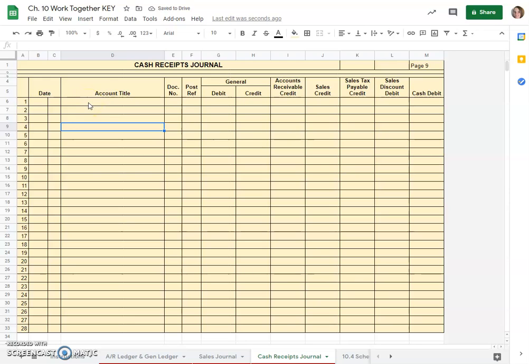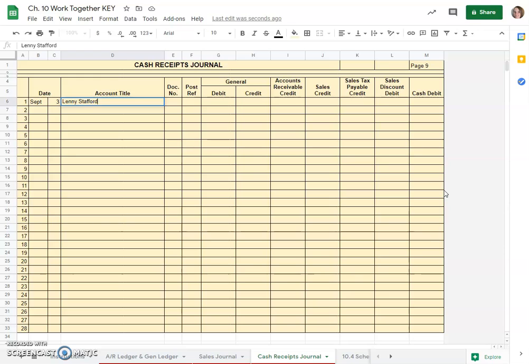And the first transaction states that on September the 3rd, received cash on account from Lenny Stafford. So we'll go ahead and write his name here.